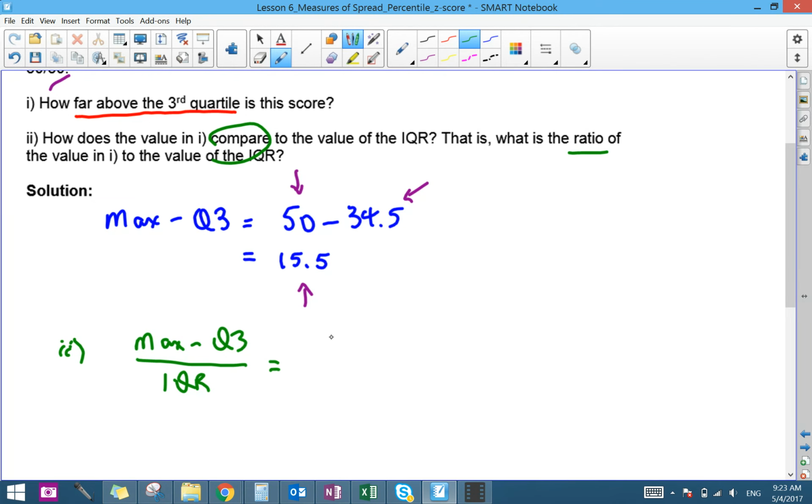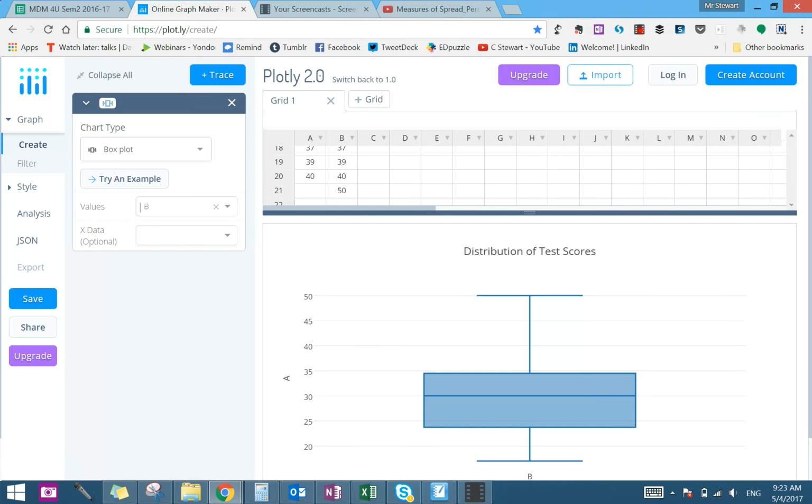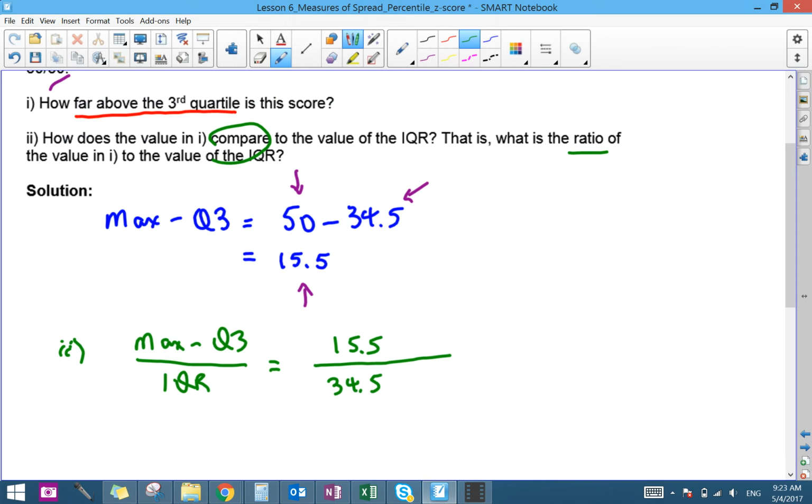So the difference we have is 15.5. The IQR will take the third quartile, and according to the Plotly plot, let me go back, we have 23.75 as that value. So let's get back in here. We'll subtract 23.75.